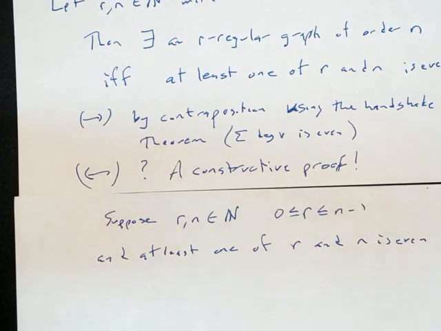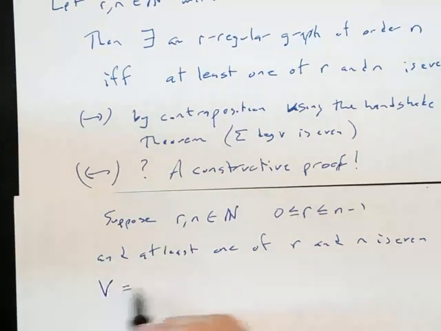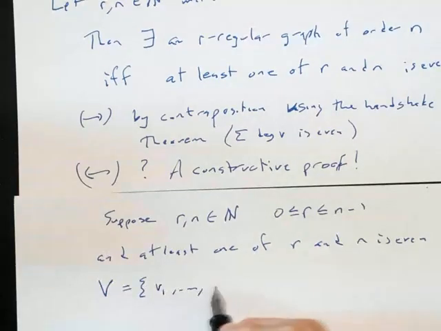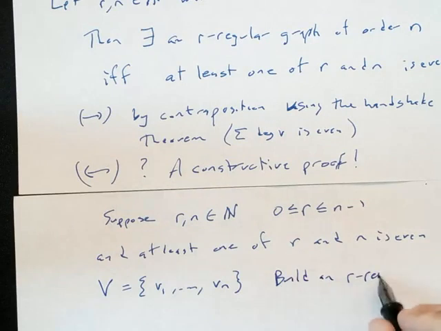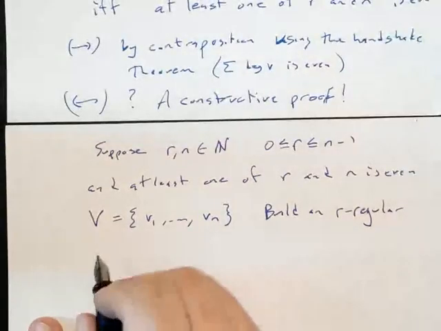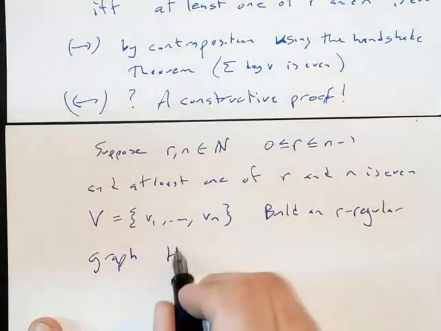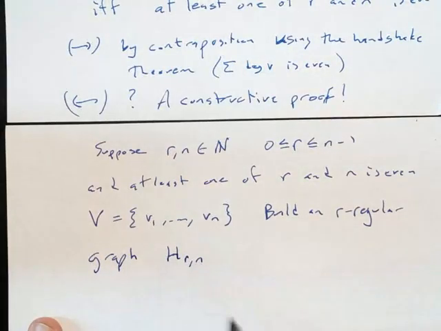I'm going to assume that I have n number of vertices, and I want a graph that is r regular on those vertices. As a matter of fact, we're even going to name it.